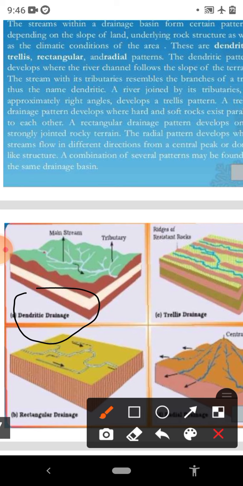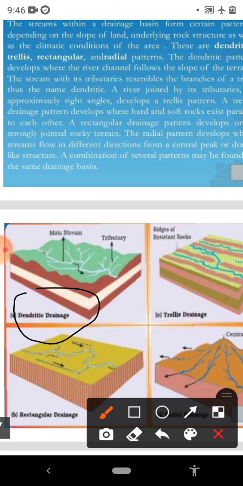You can take the example of river Ganga. It develops in regions where the landmass or the course of the river is made up of homogeneous material.